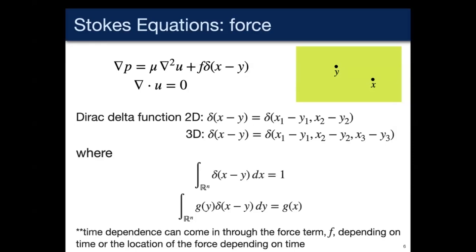The integral of the Dirac delta is 1, and the integral of a function times our Dirac delta gives the function evaluated at the point. This is where time dependence can come into a problem, even though we're solving steady Stokes here. If F depends on time, or the location where this force is being applied changes in time, you can now have a temporal component to your flow, and then you do have to time step.